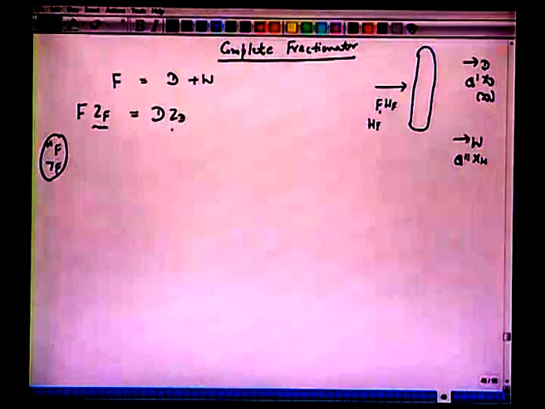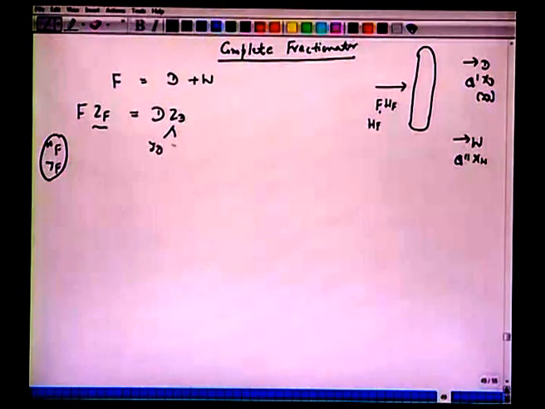We have XW, we have XD, or we can have YD also, depending upon whether it is a partial condenser where the product is vapor, or a total condenser, and here we have this HF. So we are writing F equals D plus W, F ZF. Again we use this nomenclature ZF to say that this could be total liquid XF, or this could be YF, or this could be a combination of liquid plus vapor mixture.